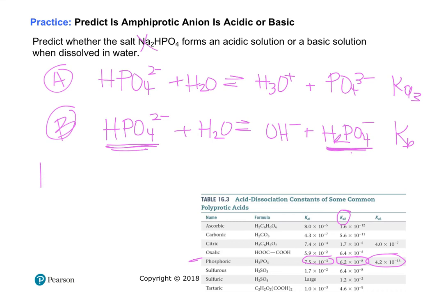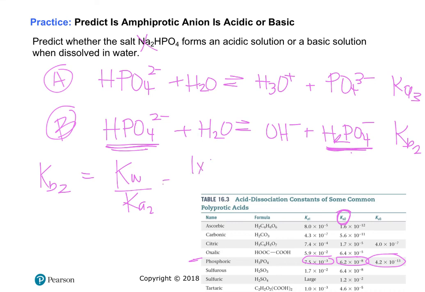So let's come down here for the Kb. We're using the second Ka, so we'll call it Kb2. And what we're going to do is use the Kw relationship divided by Ka2 to get us the Kb2.